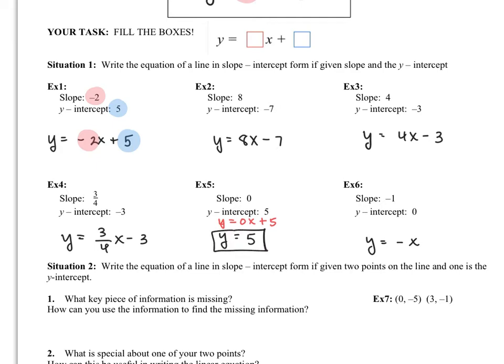Also, we know that when it's just y equals a number, that's a horizontal line, and a horizontal line has a slope of 0. And on example 6, you might have started by saying y equals negative 1x plus 0, but since it's plus 0, we don't even need it, and then negative 1x can just simplify to negative x. So the cleanest version of this equation would be y equals negative x.